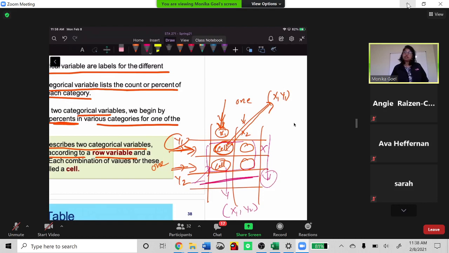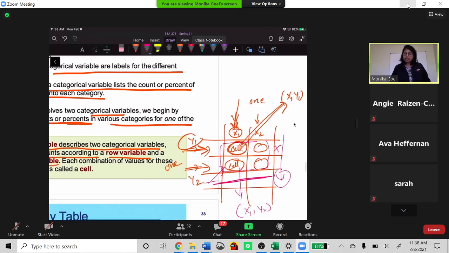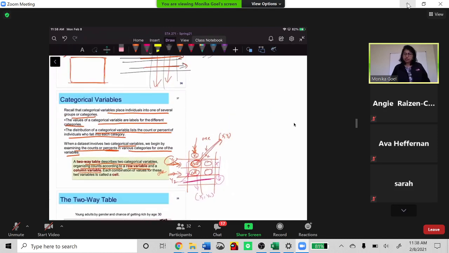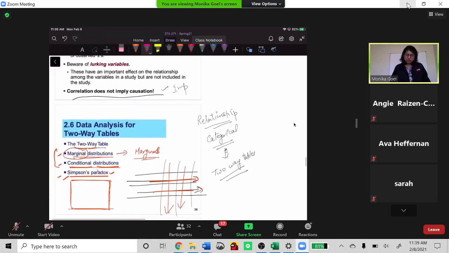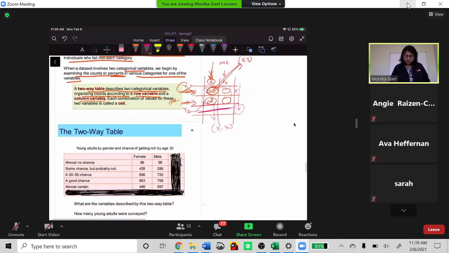It will give us the relationship between the margins and the total, but not the relationship between the variables. If I need to look at the relationship between two categorical variables, then I need to work with conditional distribution. But either way, whether you work with conditional or marginal distribution, you take the two-way table, and you do marginal distribution first to calculate your conditional distribution.